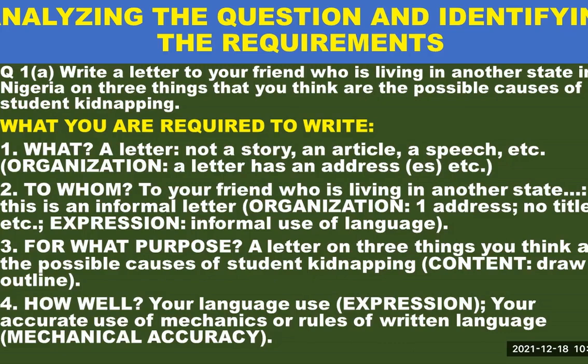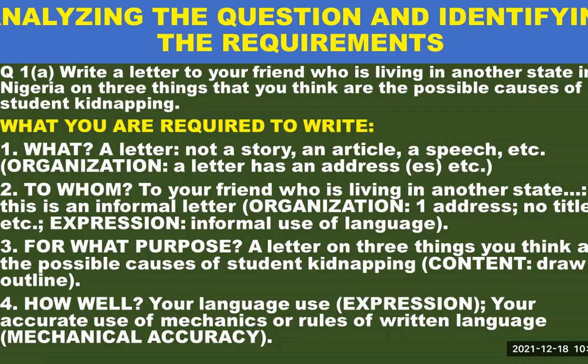All right. This also shows that your address should end with your state, because you are writing a letter to someone who is within the country. All right. So you are not going to include your country name, because since your friend lives in another state, your friend is conversant with your country and other states in your country.